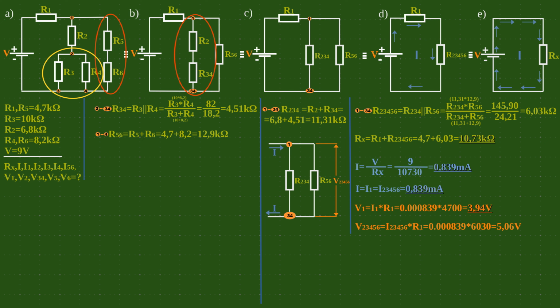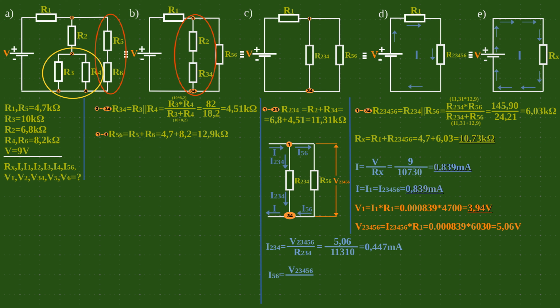We take another step back to diagram C. Note that the current I is divided in node 1 by the current I2-3-4, which we immediately calculate, and by current I5-6.